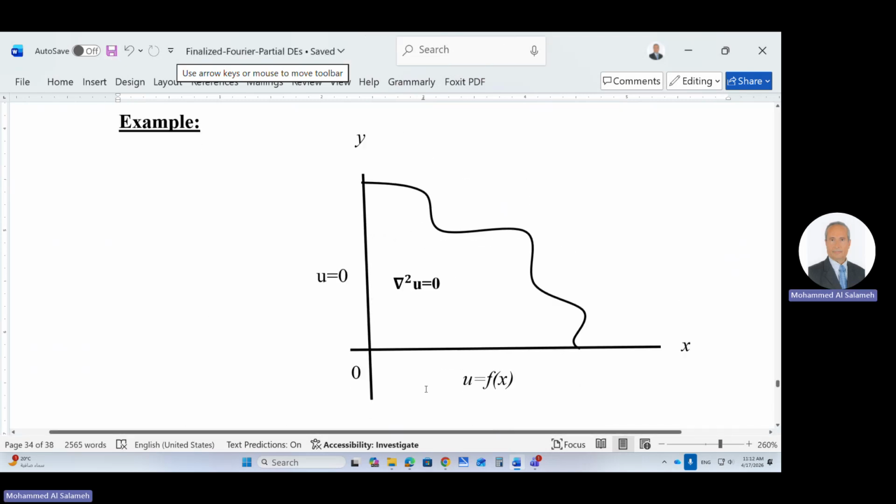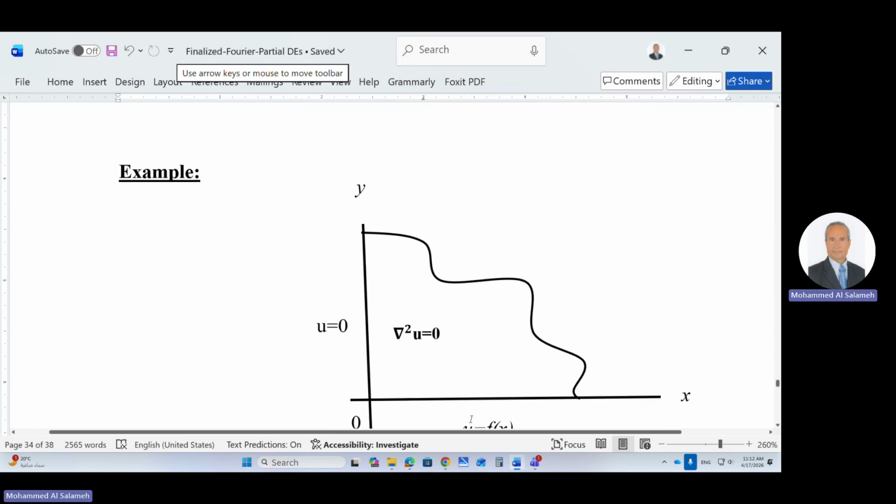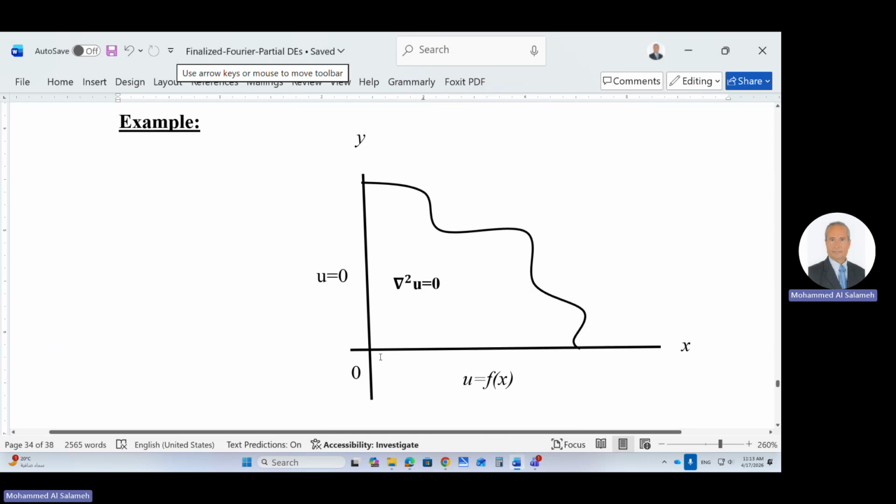This is an infinite medium. We have x varying from 0 to infinity and y varying from 0 to infinity. This is the first quadrant. The Laplacian, del squared of u, the temperature, is equal to 0.